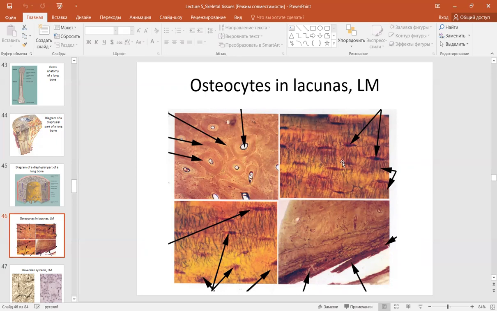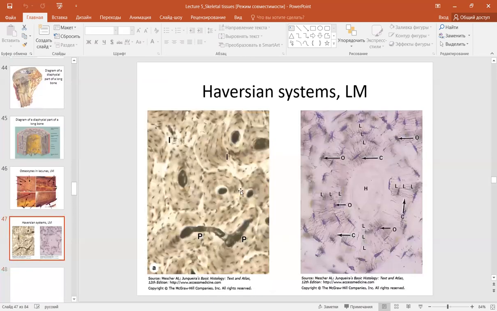These are osteocytes located in lacunae. Here you have the periosteum composed of the outer circumferential lamella surrounding the osteons present in the inner part of the diaphysis.